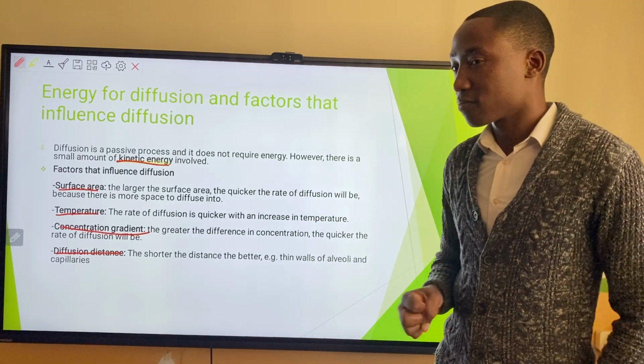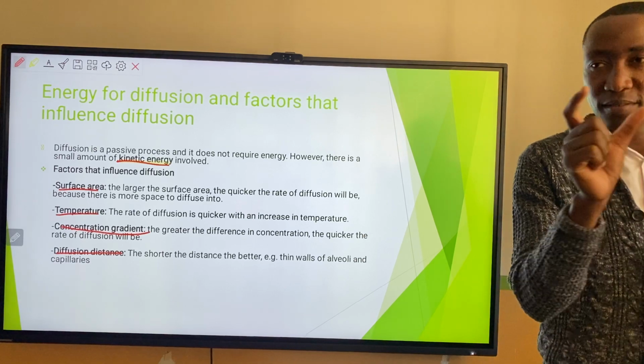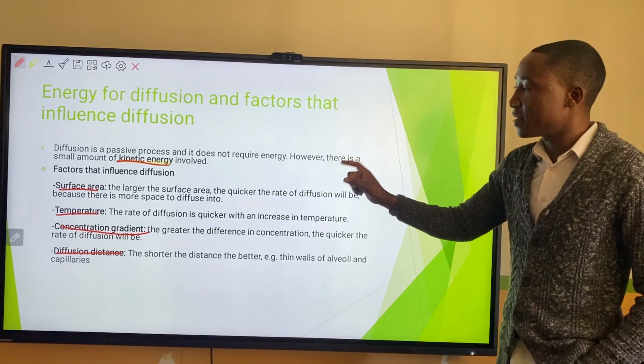What do you mean by gradient? Gradient is differences, right? Yes. Okay, now we're looking at the difference in concentration.